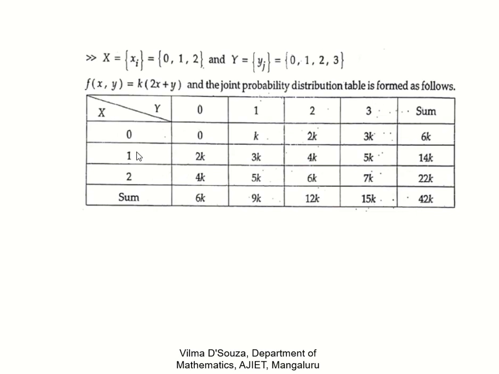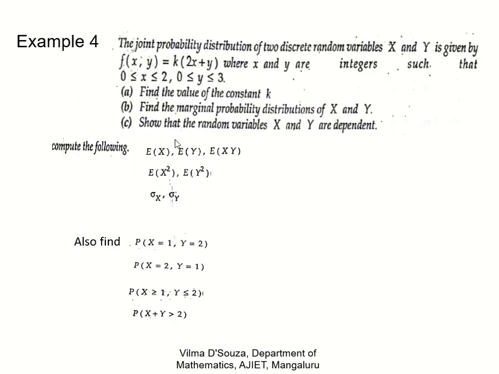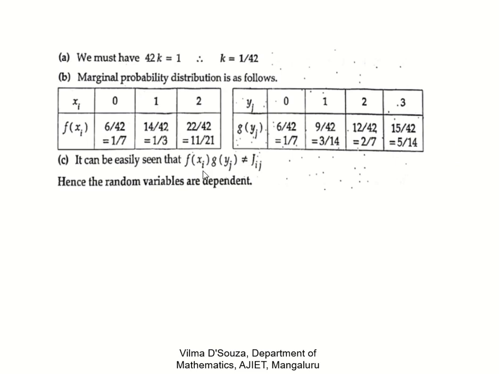So next, verify whether they are independent. The question is, show that the random variables x and y are dependent. In order to show that they are dependent, it is enough if you show f of xi into g of yj is not equal to j of xi, yj for any one value of xi, yj.